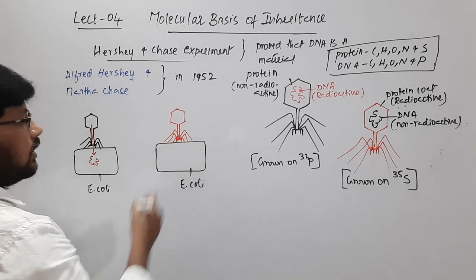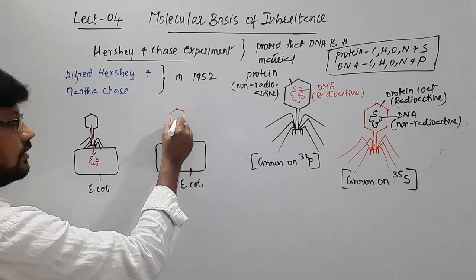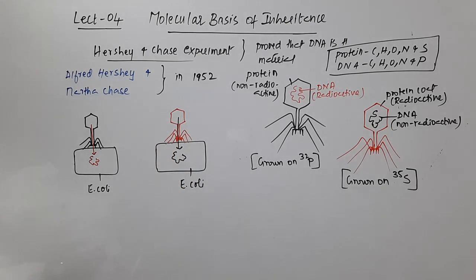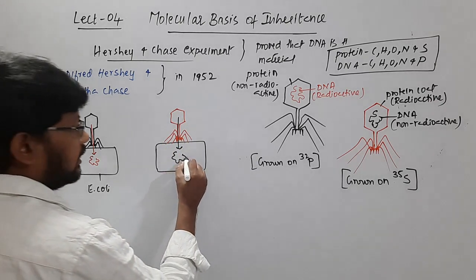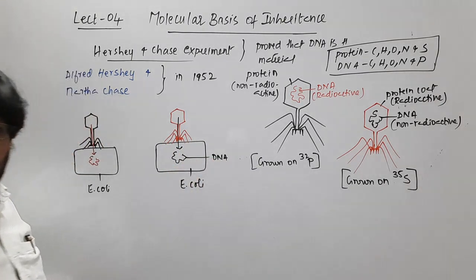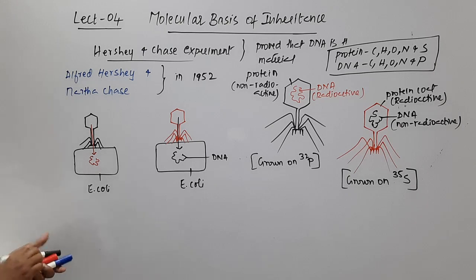In this case again the same, the genetic material entered. So this is DNA which entered into the host cell, but it is non-radioactive, and in this case it is radioactive DNA.